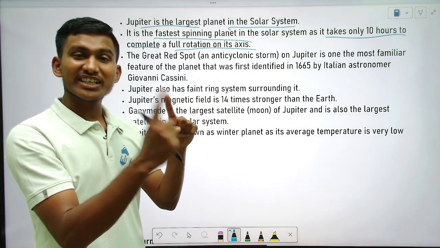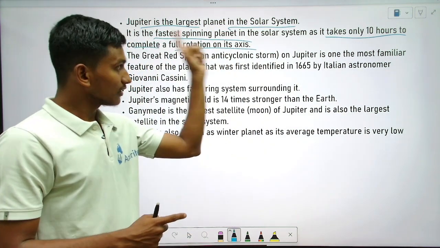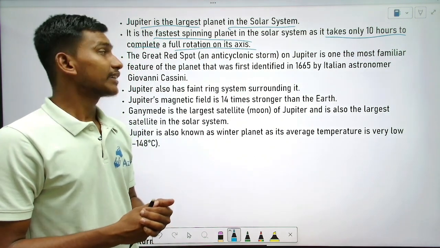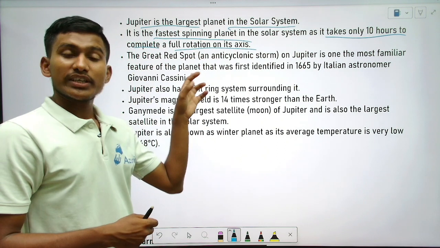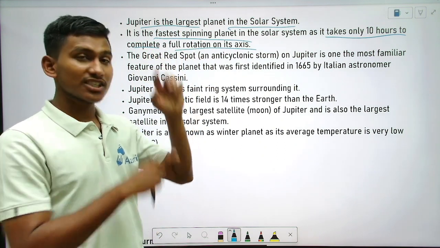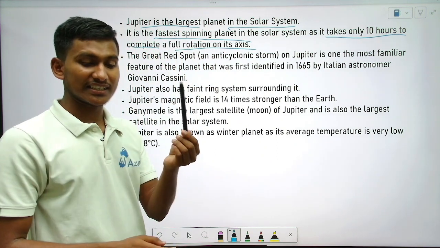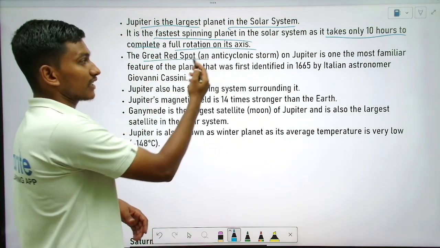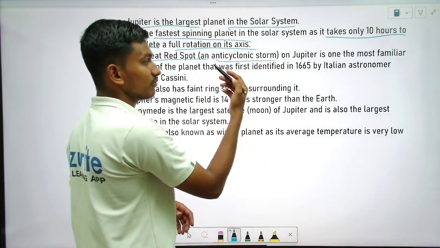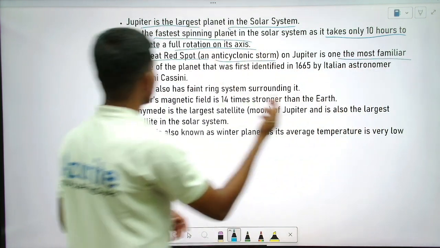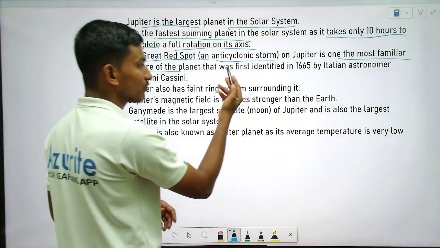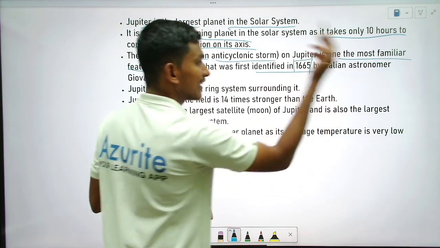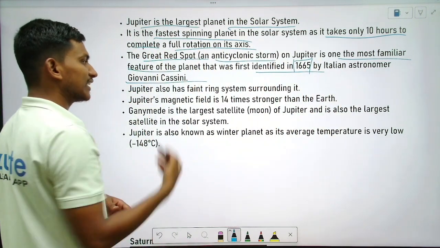So to rotate around its own axis, how much time does Jupiter take? 10 hours. So it is the fastest spinning planet on its own axis. The Great Red Spot, an anticyclonic storm on Jupiter, is one of the most familiar features of the planet, first identified in 1665 by Italian astronomer Giovanni Cassini.